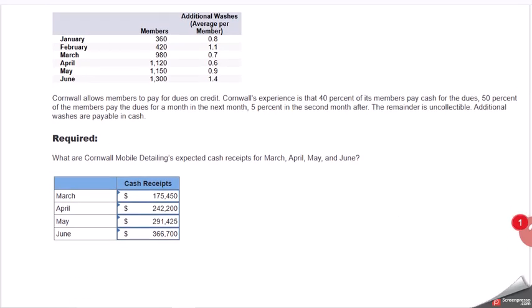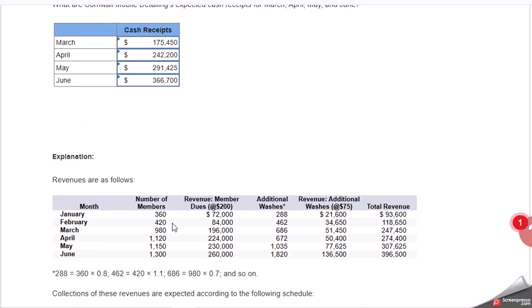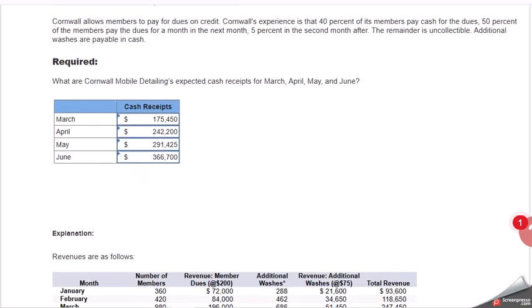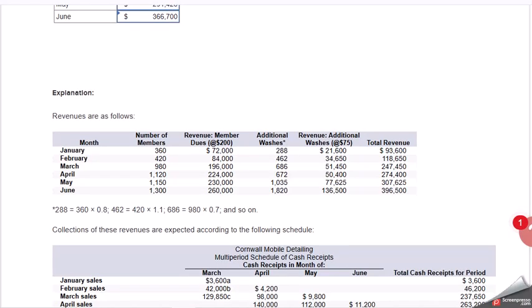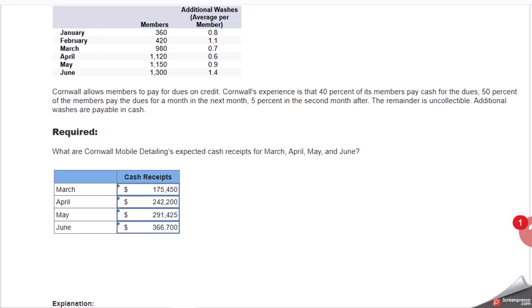Now they're asking for the months of March, April, May, and June. So then as we go down, we take each month's membership, multiply those by the $200. Then we take the additional washes, which would be calculated again by taking the total 360. So like that, 360 times the 0.8.